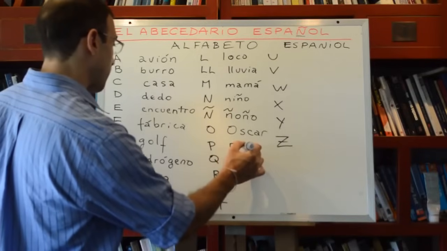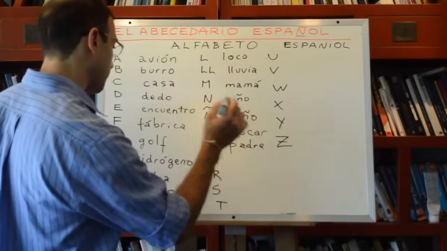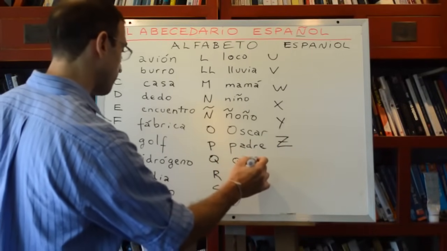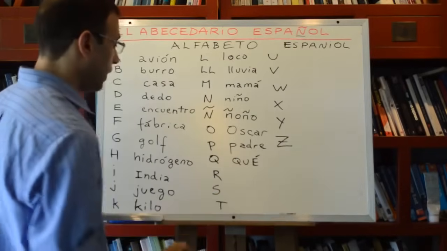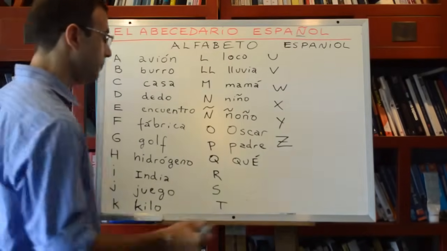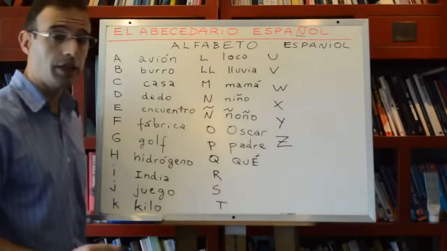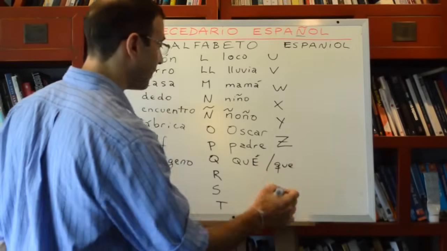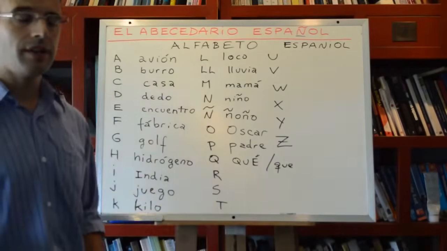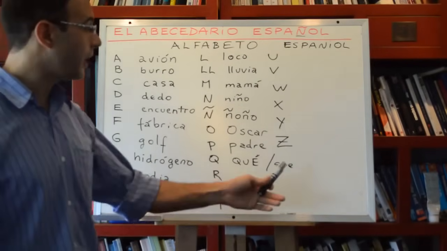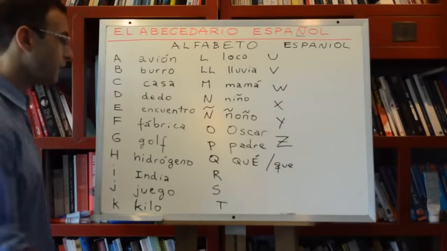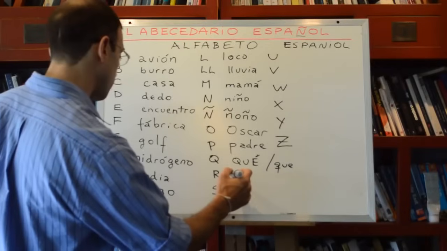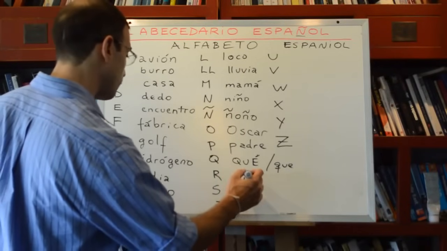With P, we have padre, for father. Qué, for what? There are two words que in Spanish. With the accent, it means what. Without the accent, it means that. Yo dije que blah blah blah. So these are two different words. With R we have río for river.